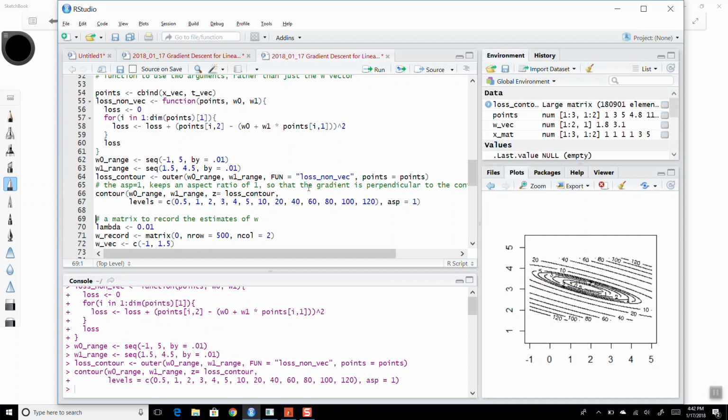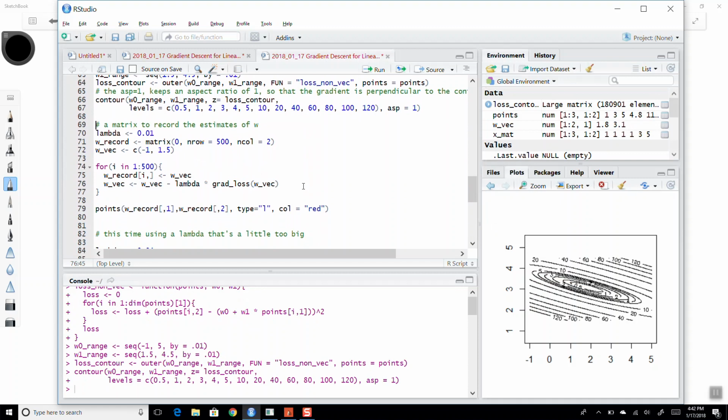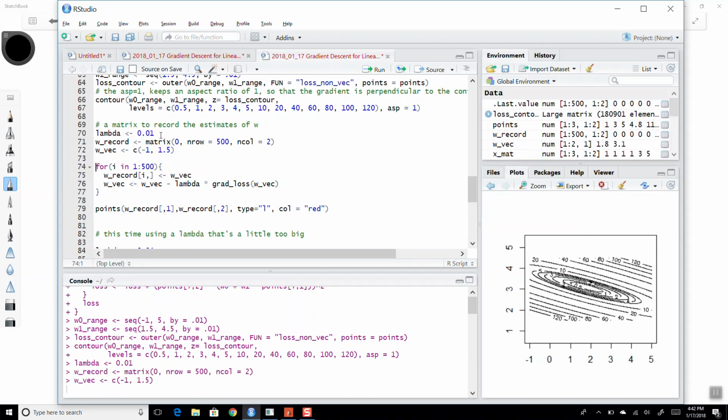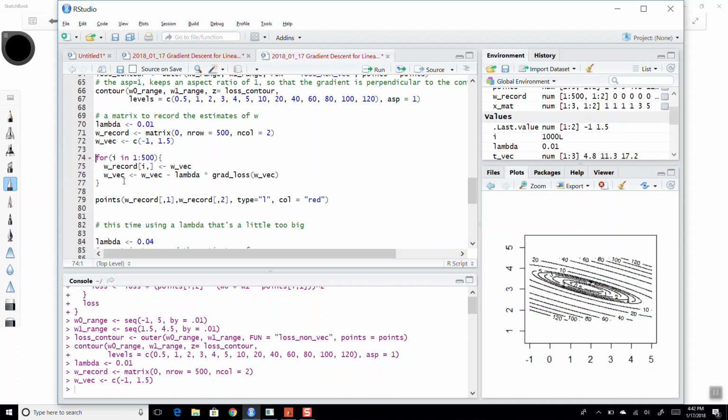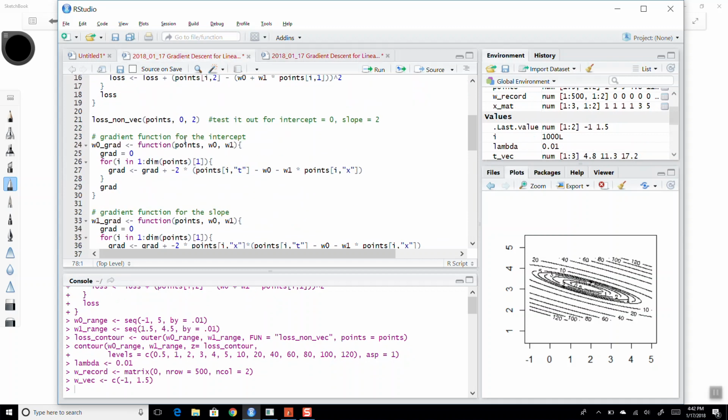So here's my contour plot again, okay? And I'm just creating an empty matrix to record all of the values. And now the gradient descent, you can see, is much simpler here, right?